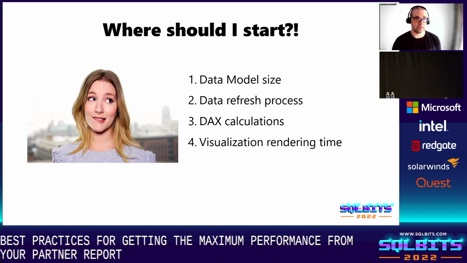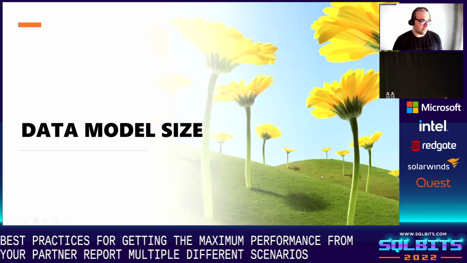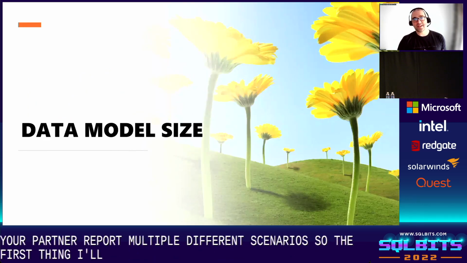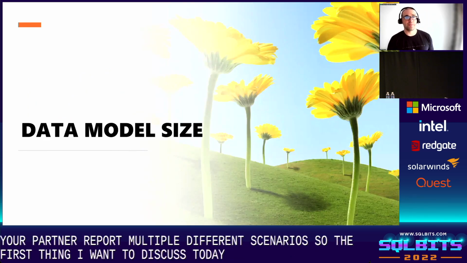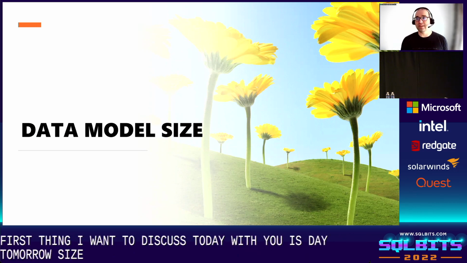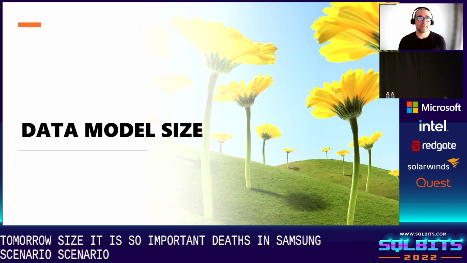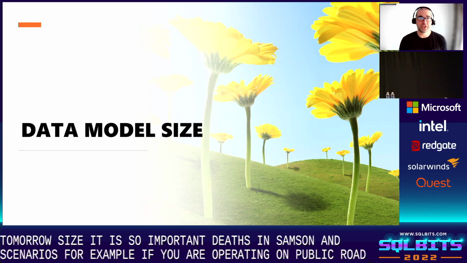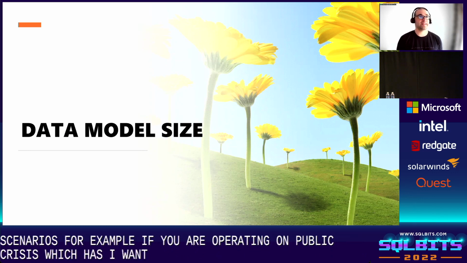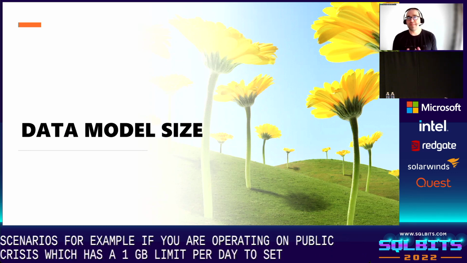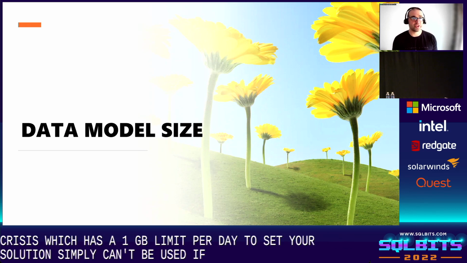So the first thing I want to discuss today with you is data model size. It is so important that in certain scenarios, for example, if you are operating on a Power BI Pro license, which has a 1 GB limit per dataset, your solution simply can't be used if you reach that limit.